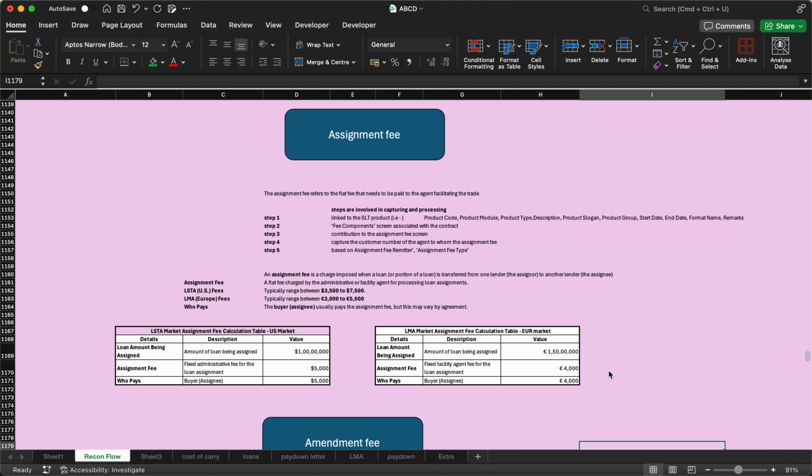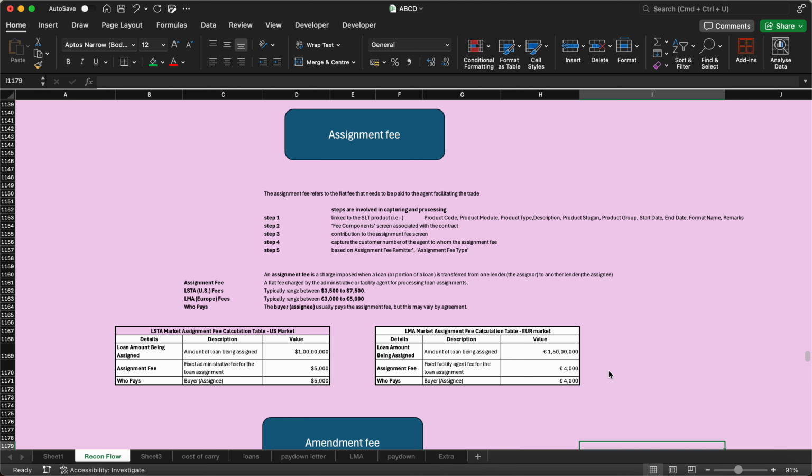So the basic investment name, product code, product module, product type description, product slogan, product group, start date, end date, format name, remark. This is a simple thing that the trade has, and we have to fill in the basic detail.